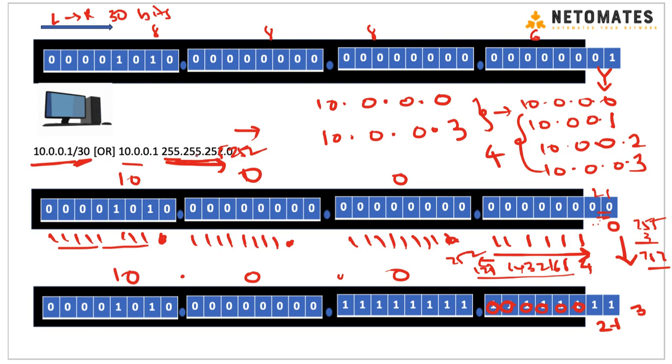So when you want to represent /30, you should start writing ones all the way from left to right, 30 of them, and then calculate the value of that binary in decimal. So all these 8s, 8 8 6, so this 8 will become 255, this 8 will become 255, this will become 255, and the last one will become 252. So this is how you represent an IP address with a subnet mask.